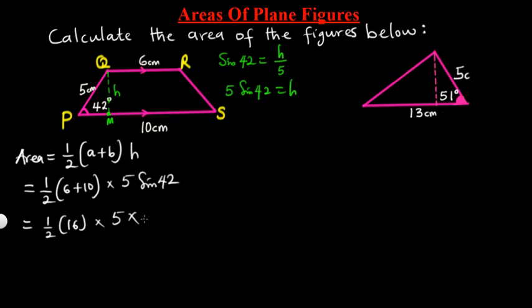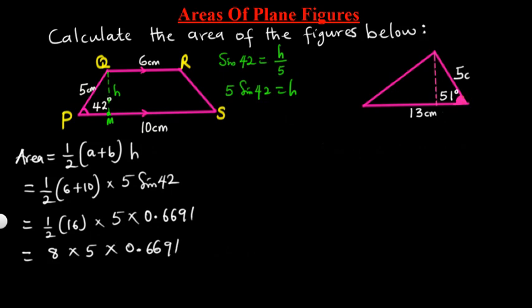Sine 42 can be gotten from our calculator. We can do that. Sine 42 is 0.6691. So if we do this, this will give us 8 multiplied by 5 multiplied by 0.6691.